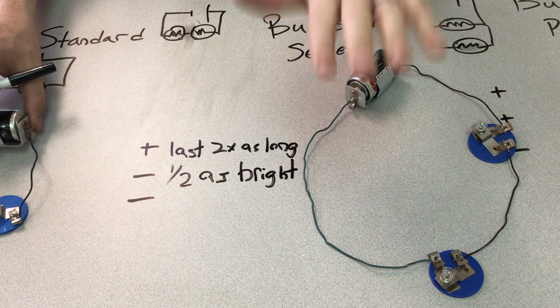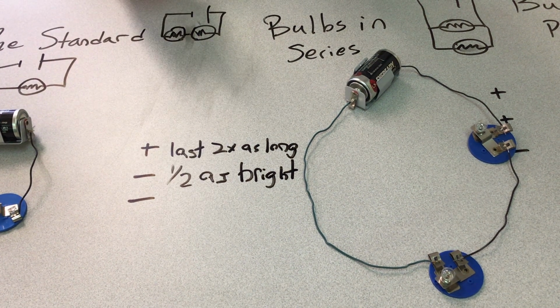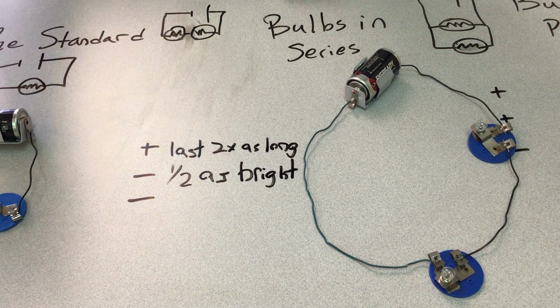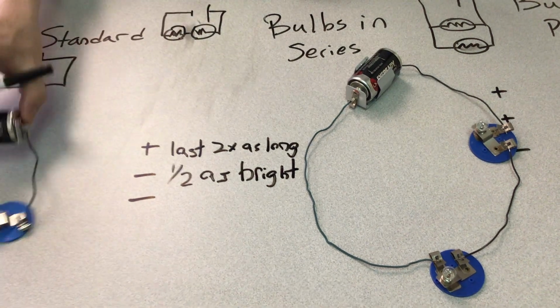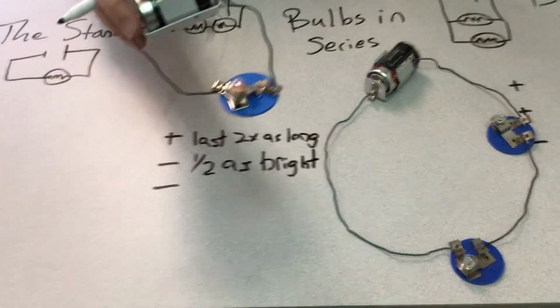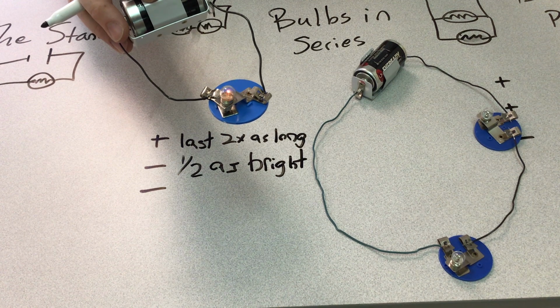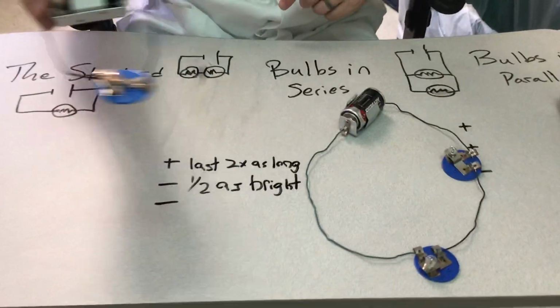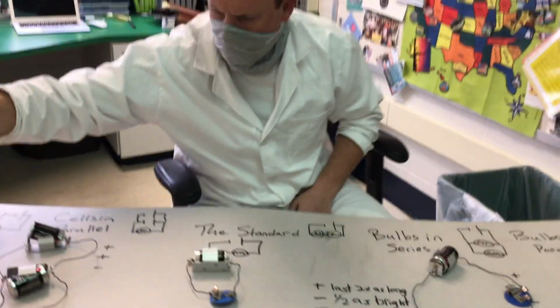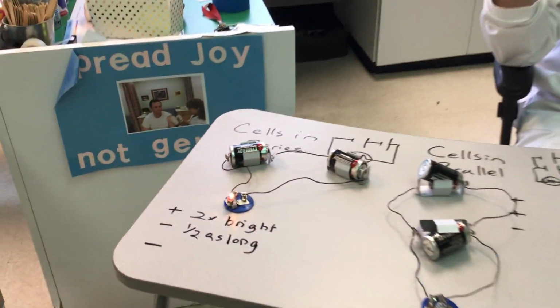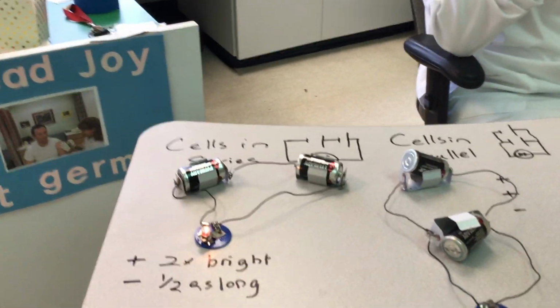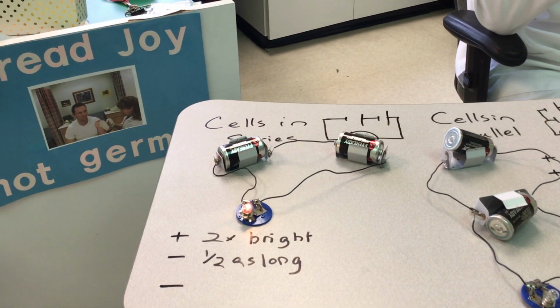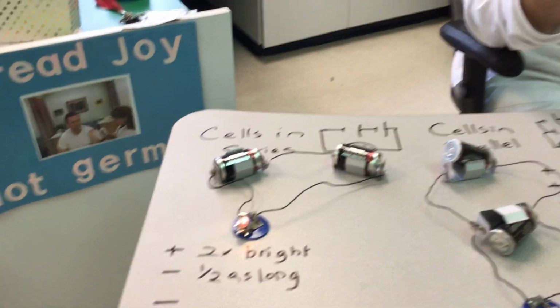Let's just pause real quick and think about this mathematically. Say we said that this bulb in our standard lasts for 2 hours. If this bulb lasts for 2 hours, how long could this bulb last if it's going to last half as long? Well, half of 2 would be 1.